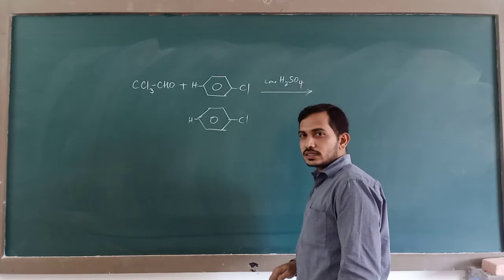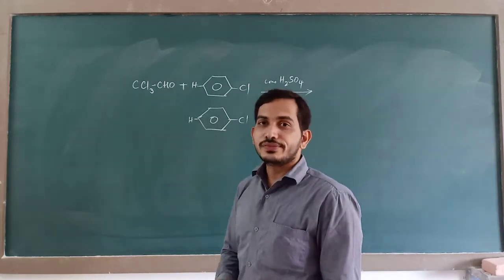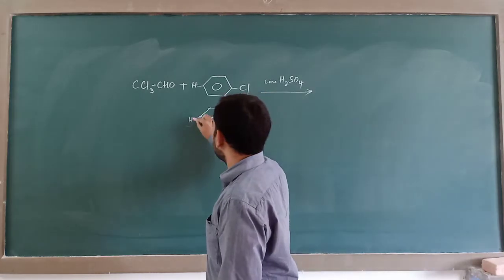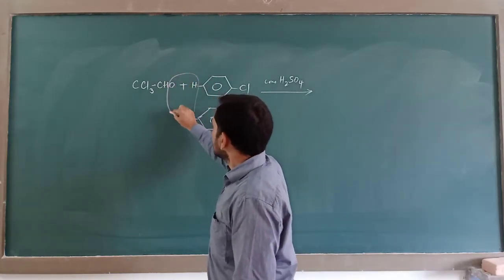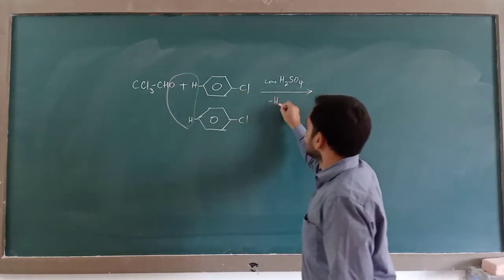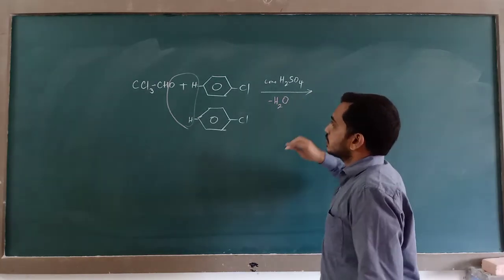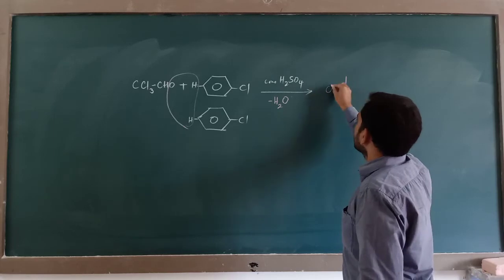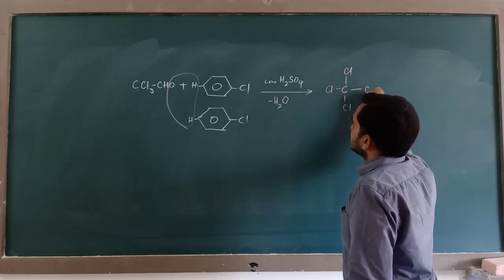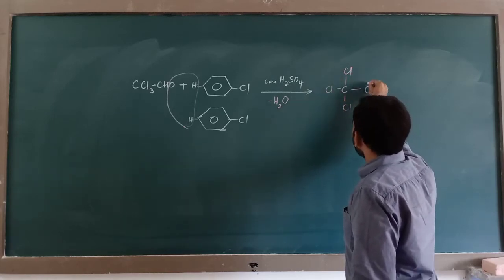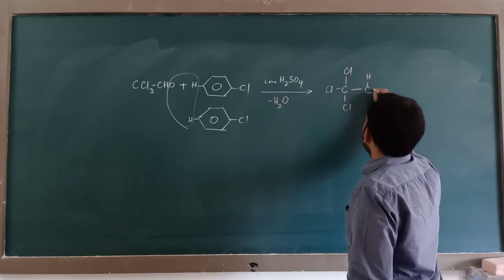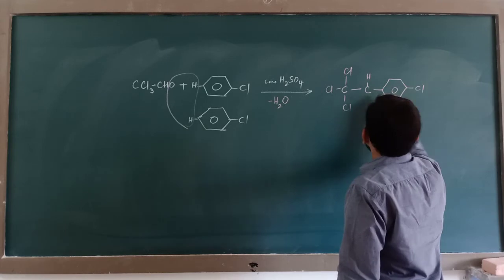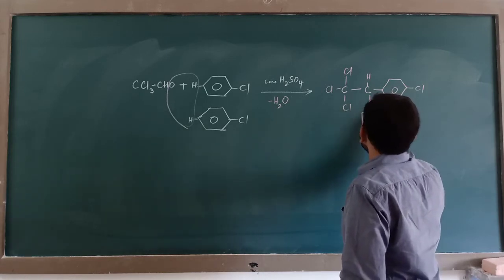A dehydrating agent is the one which removes water. So this is gone in the form of water. Then what is remaining? 1C, 3 times chlorine, then second C, 1H, then you have attached benzene ring with it and chlorine at para position or 4th position.